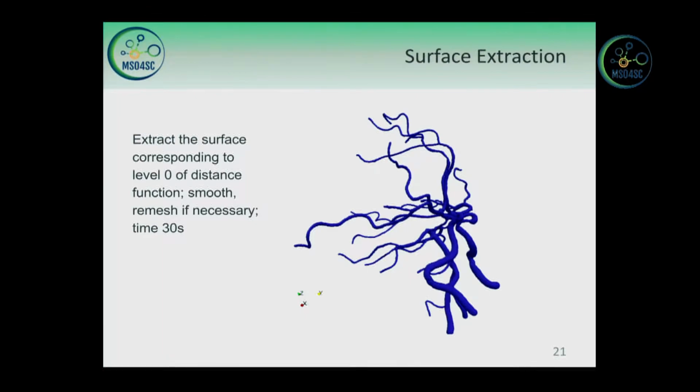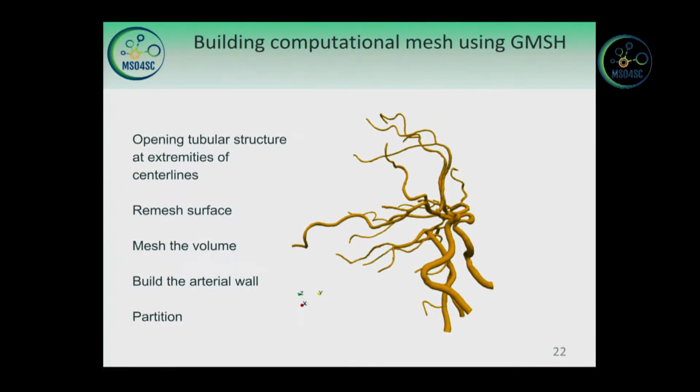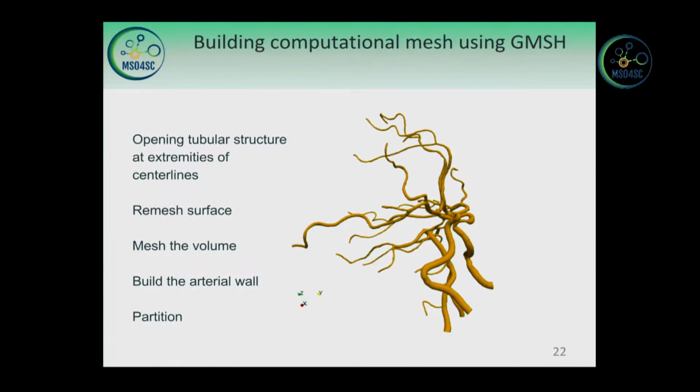It depends on what we want to do. So here we will fix and tag all the extremities. Eventually we will be able to create the arterial wall also, if we want to do fluid structure interaction. And we can do the mesh for the volume, and we have, of course, the partitioning of the mesh.